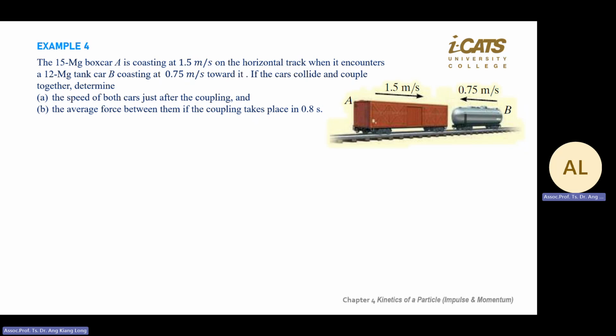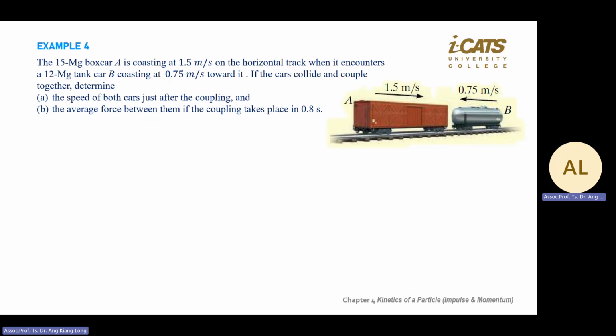Okay, so here, look at the question, 15 megagram. So mega, you need to convert into unit SI in kilogram. It's coasting at 1.5 meter per second on the horizontal track. So this is a linear motion. And encounter a 12 megagram coasting at so and so.